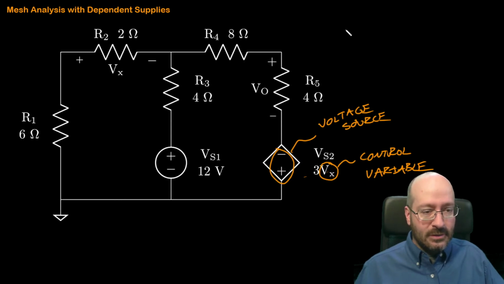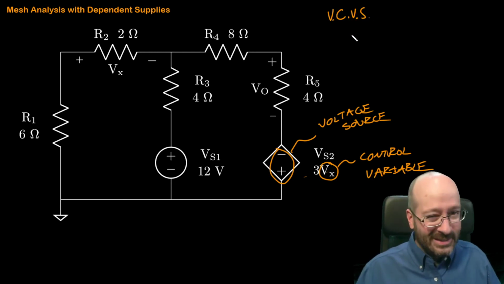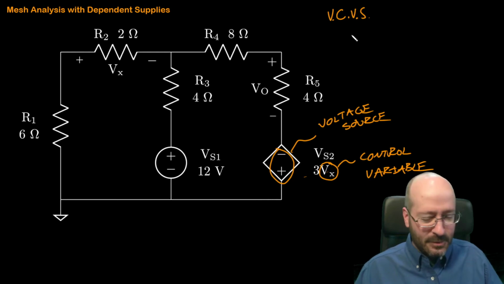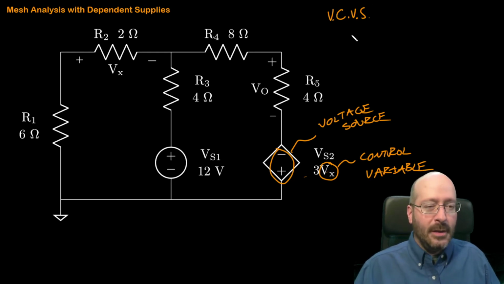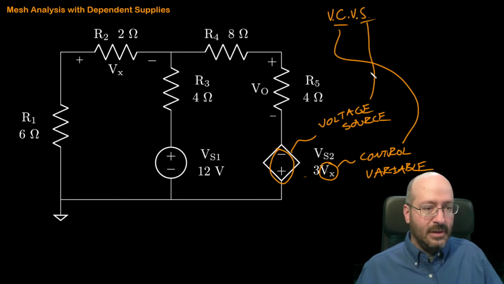Okay, so this is a voltage-controlled voltage source, and you will see that abbreviation occasionally, mostly in textbooks, or if you're reading some literature. VCVS, voltage controlled voltage source. So the first letter comes from the control variable, and the second letter comes from the type of supply that it is.